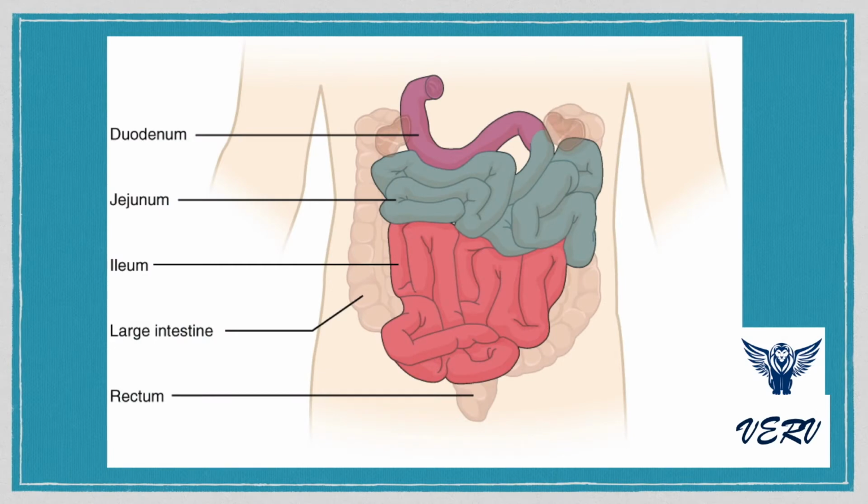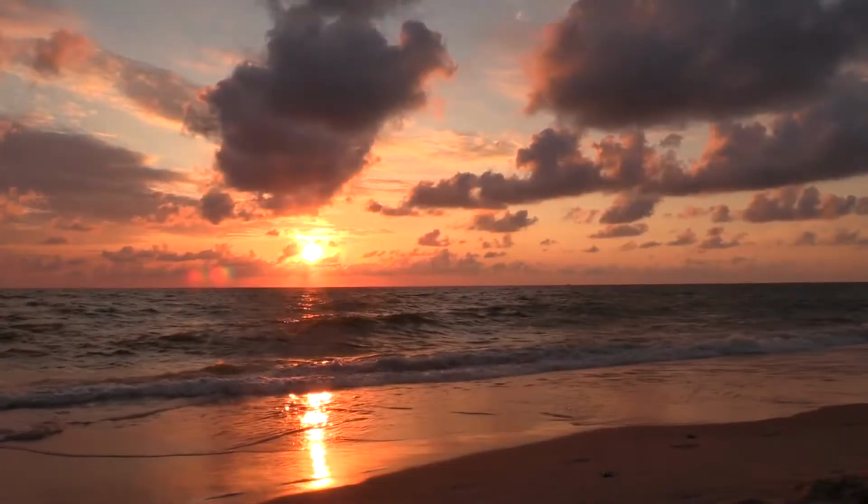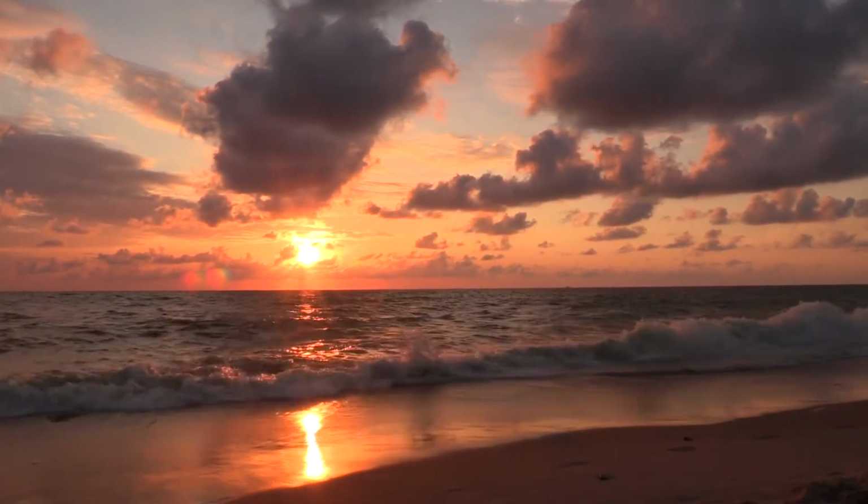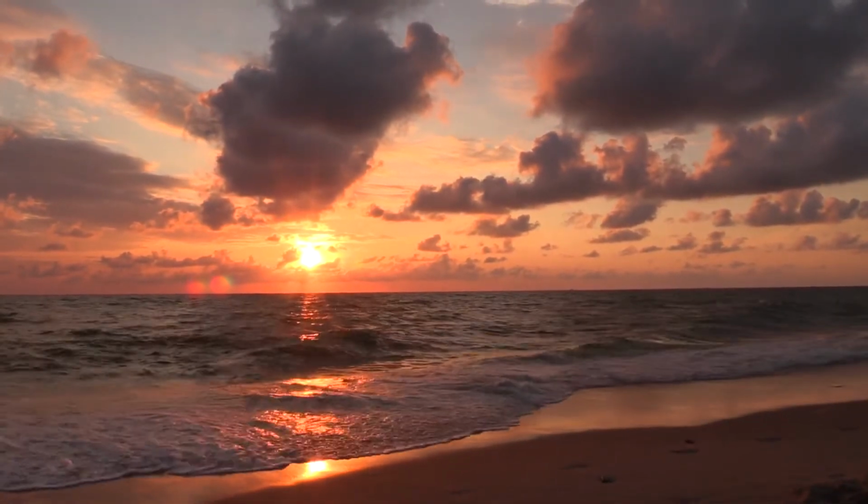In addition to its length, the folds and projections of the lining of the small intestine work to give it an enormous surface area, which is approximately 200 square meters, more than 100 times the surface area of your skin.